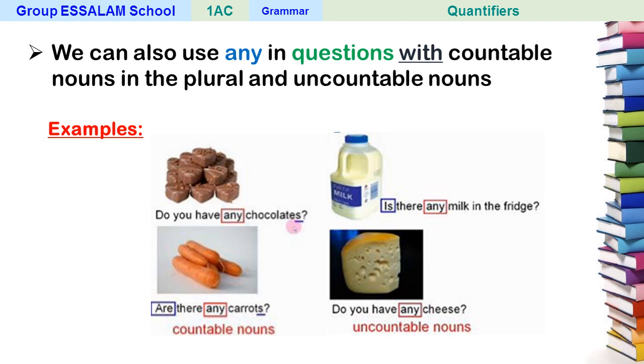You see? And also we can use some with questions when we want to offer. For example, you are in a restaurant and the waiter asks you, would you like some bananas? Okay? This is an offer. So do you understand now the difference between the two?